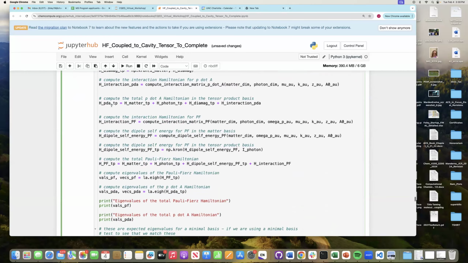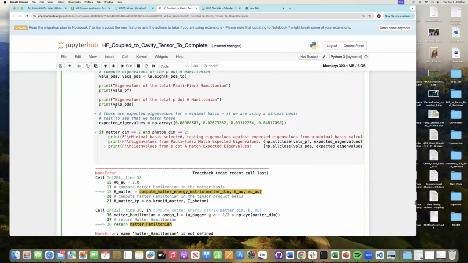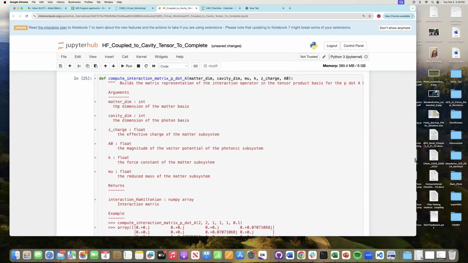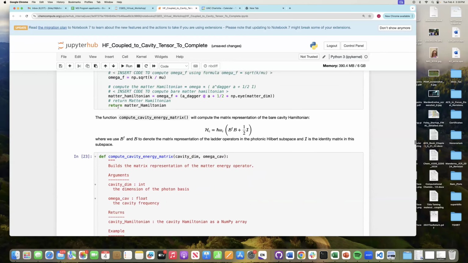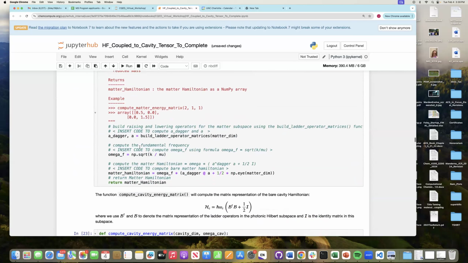Yes. What are we printing here? Oh, yeah. Okay, I see exactly what you're saying. So let's come up to compute matter energy matrix. Yeah, matter underscore Hamiltonian.